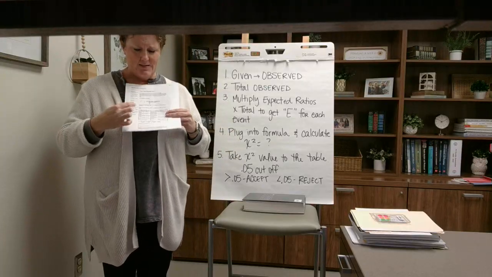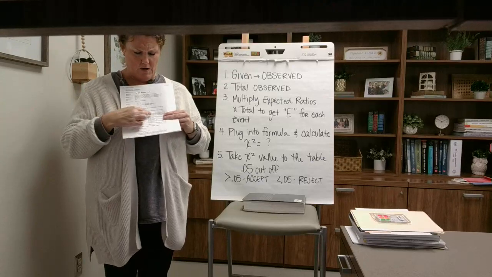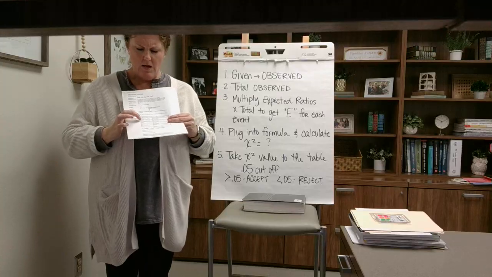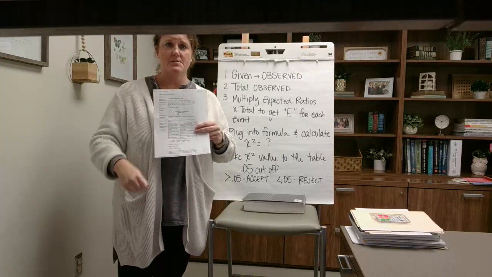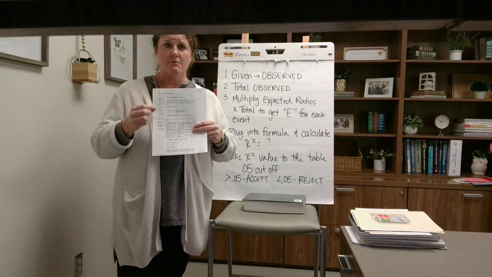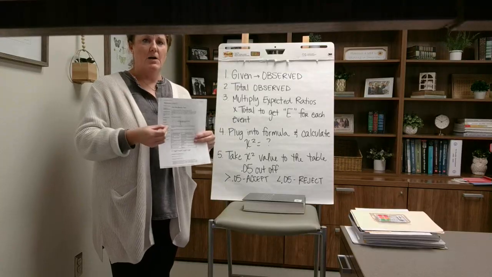So just at a glance, if I got 315, in a perfect world, I would have gotten 312.75. That's pretty close. I do the same thing for each one. So I had 4 different possible phenotypes, so I'm going to have to come up with 4 different E values. And every time I take the expected ratio, the fraction, and multiply it by the total.